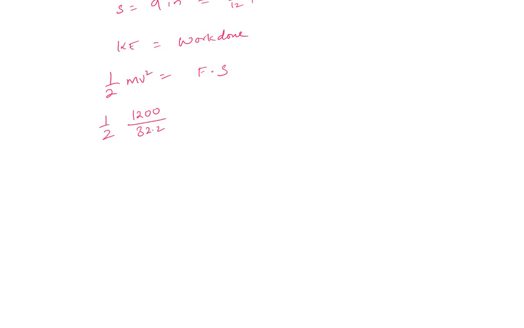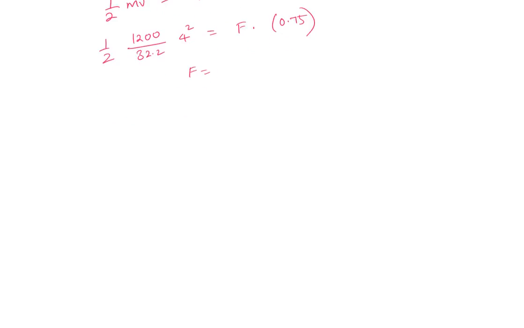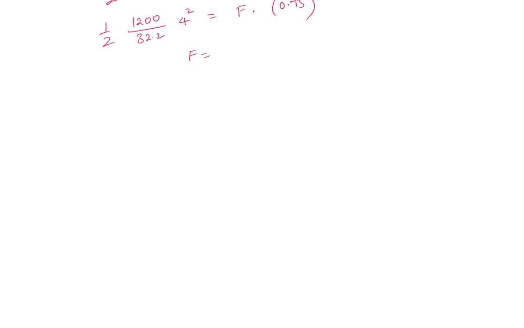V square is 4 square, equal to, so the force is what we need to find, times the distance, 0.75 feet. Okay, so let's see what that comes to. So it comes to 397.5 pounds of force.